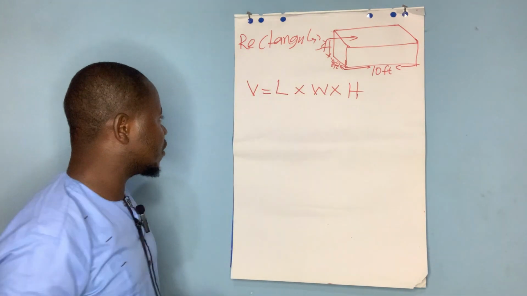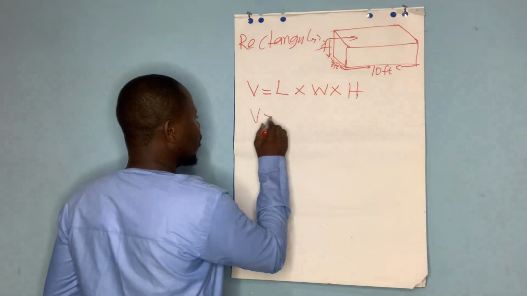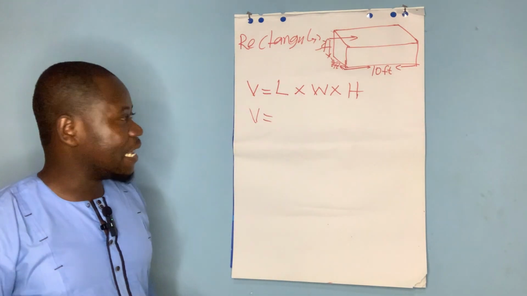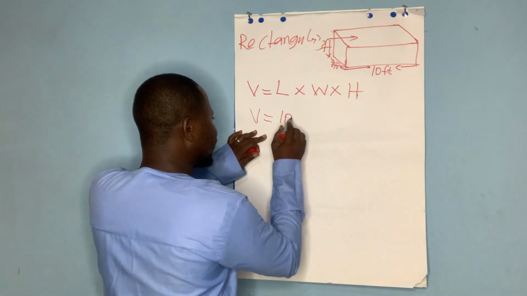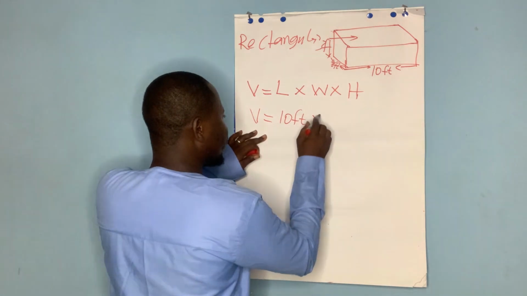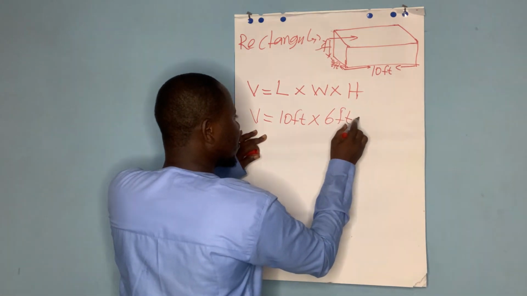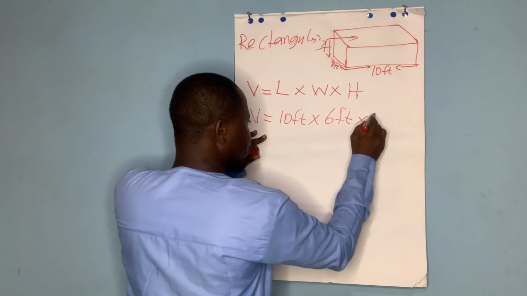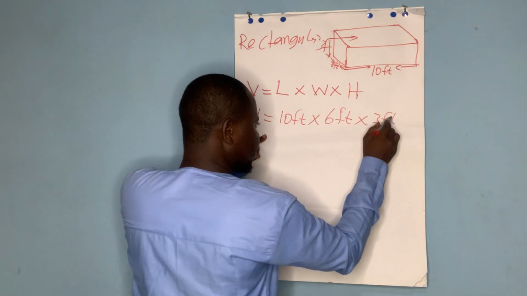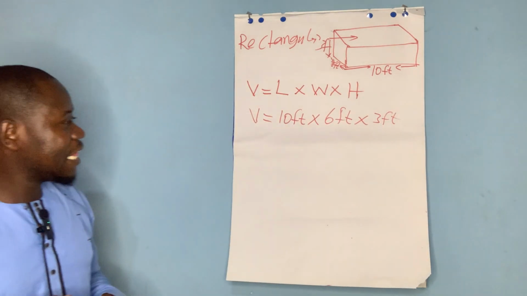Now we have gotten this formula: volume. We now know our length, which is 10 feet, times our width, which is 6 feet, times our height, which is 3 feet. Now let's look at our calculator.